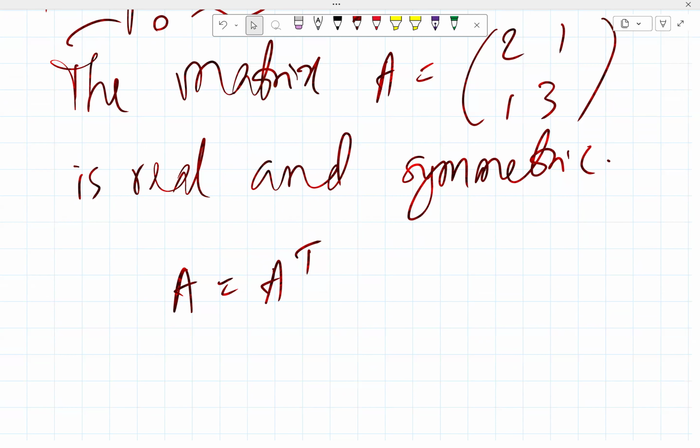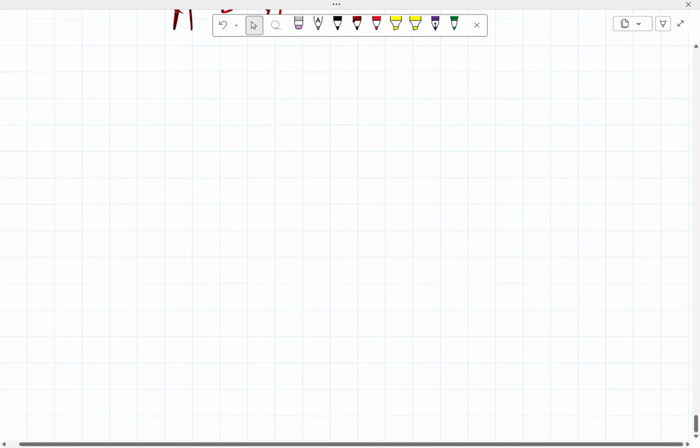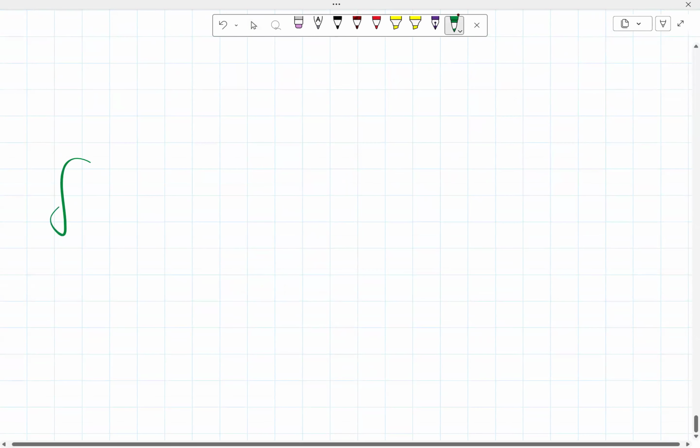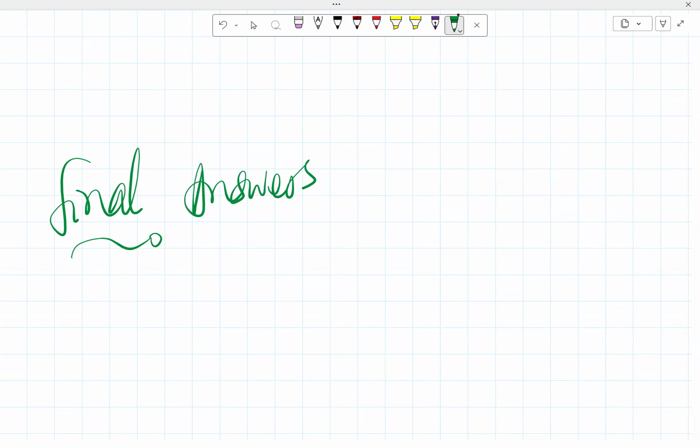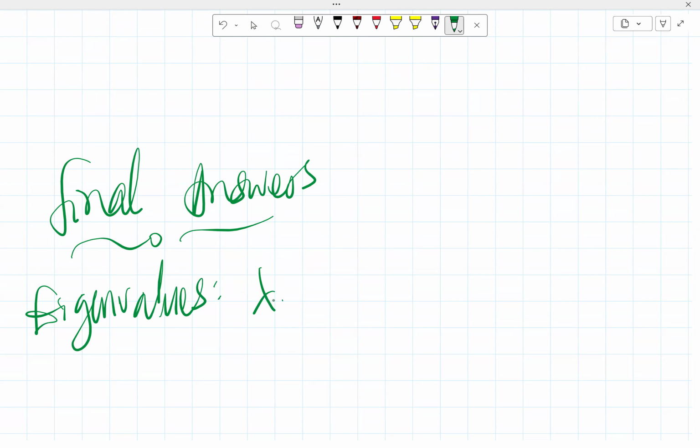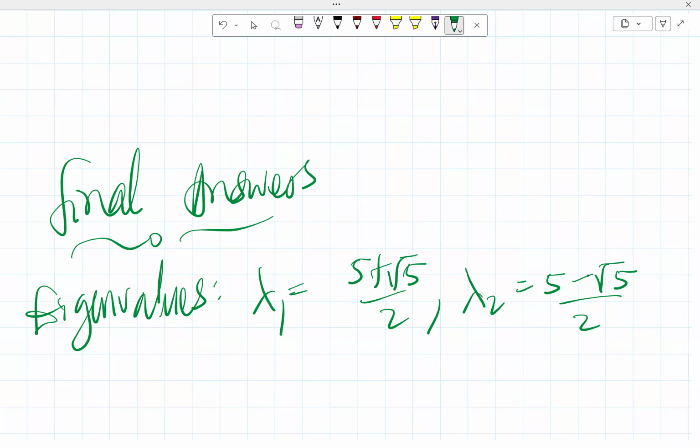So we have the final answers there. We have the eigenvalues: lambda 1 is 5 plus root 5 over 2, and lambda 2 is 5 minus root 5 all over 2.